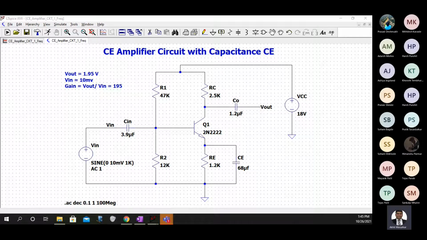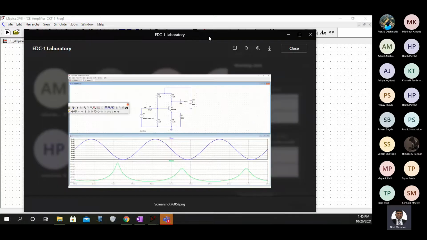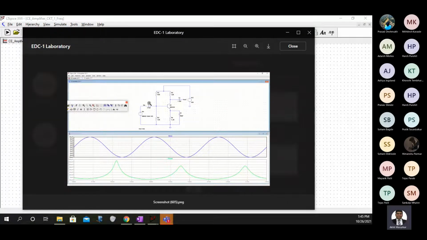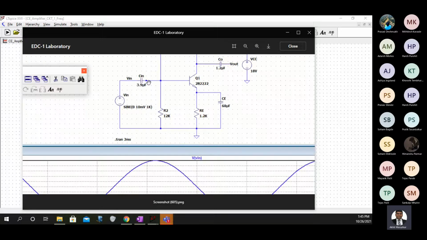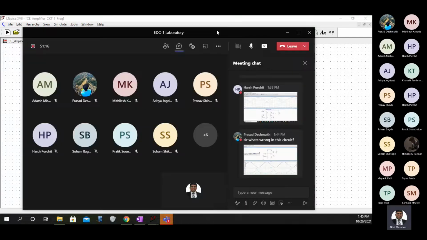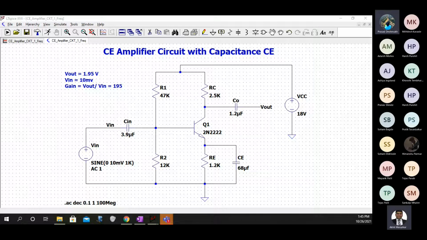Sir, this connection is wrong. You are getting a dot here, no? Remove this and connect. Okay, sir. So first everybody put this circuit in the chat box.